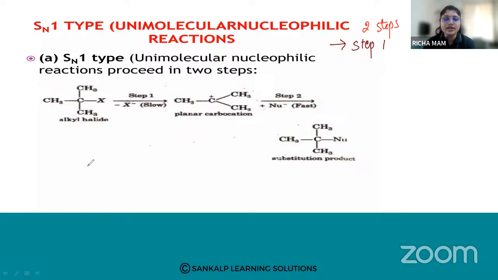So first I'll write the reaction. We are going to take tertiary butyl bromide as the example, and react it with NaOH. What will be our product?